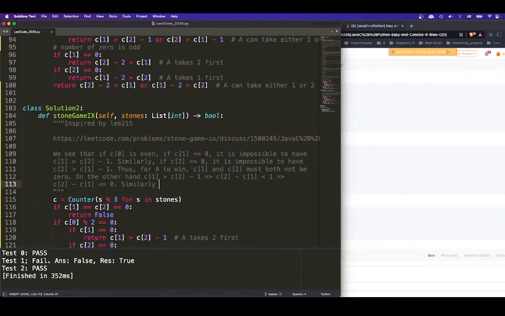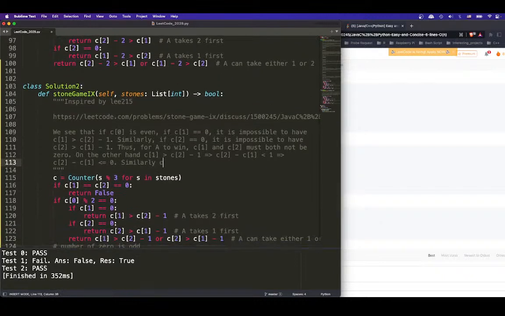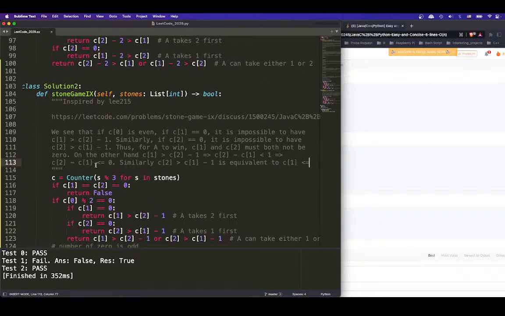Similarly, C2 larger than C1 minus 1 is equivalent to C1 smaller or equal to C2.